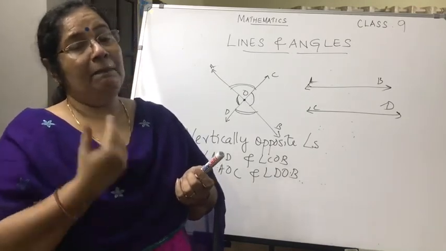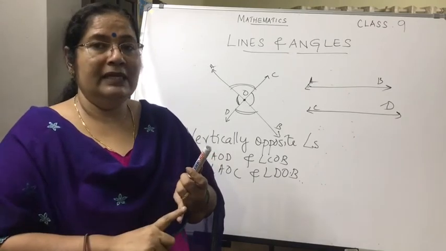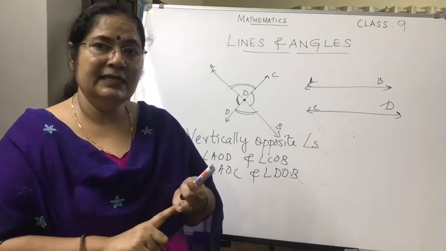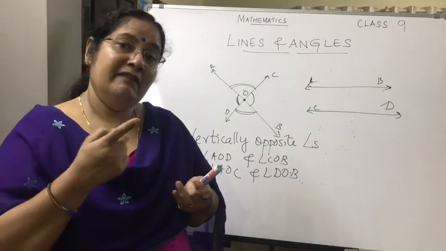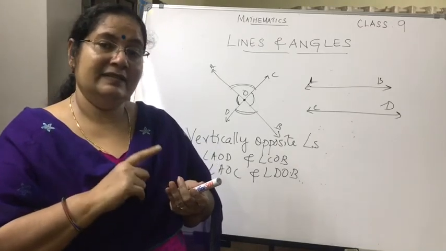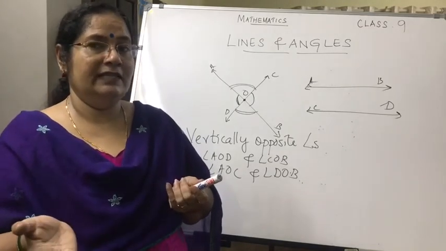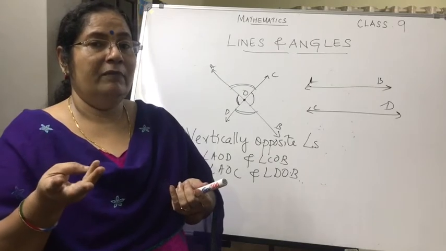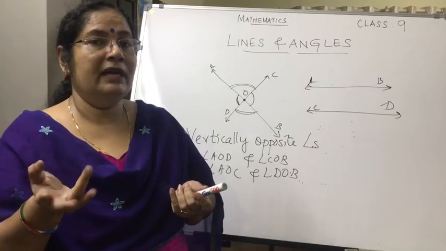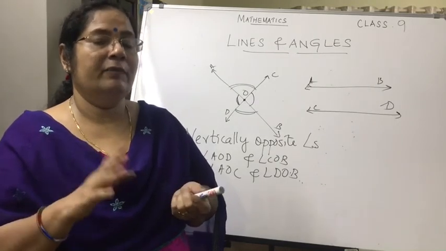Then angle pairs: complementary angles, supplementary angles. Then adjacent angles, with three conditions: common vertex, common arm, and uncommon arms on either side of the common arm.